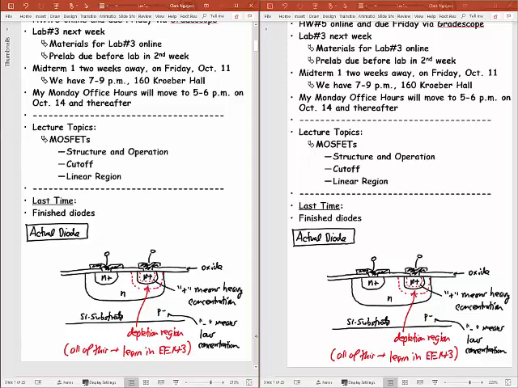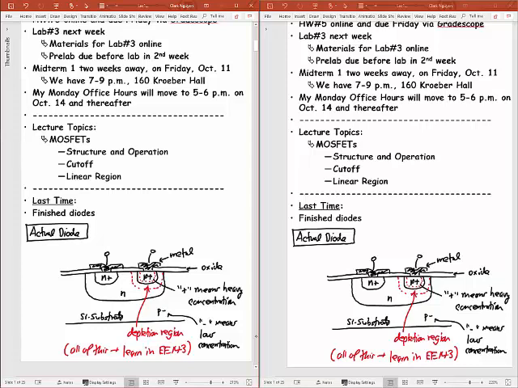The reason why I have the heavy concentration N plus and P plus here is that when I heavily concentrate my doping regions, that allows them to connect better to the metallization. So this is metal right here. This is a drawing that I drew last time, I'm just adding things to it.